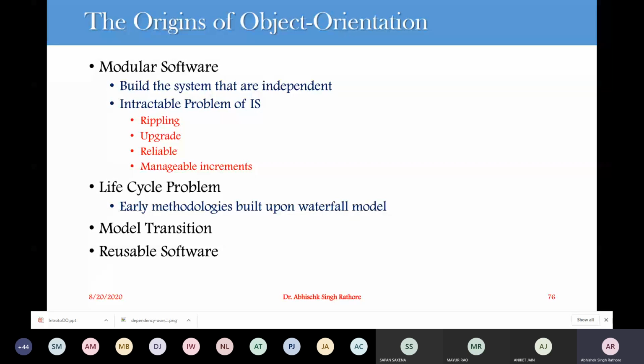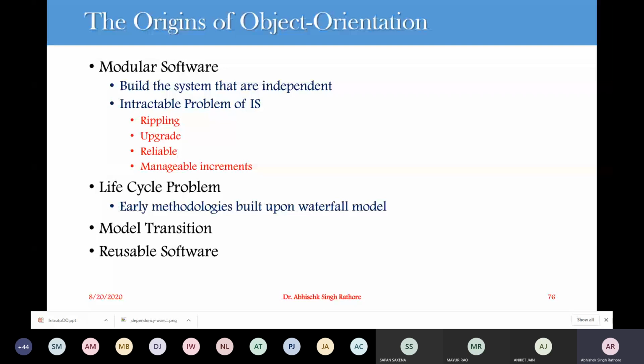From the internal perspective, a class is defined in terms of what it knows and what it can do. So we have a clue that a large system can be built in a modular way and each part is largely independent. So we have a solution for the intractable problems of information systems.